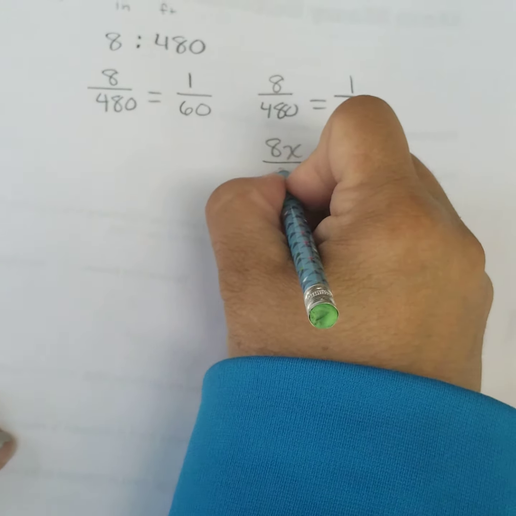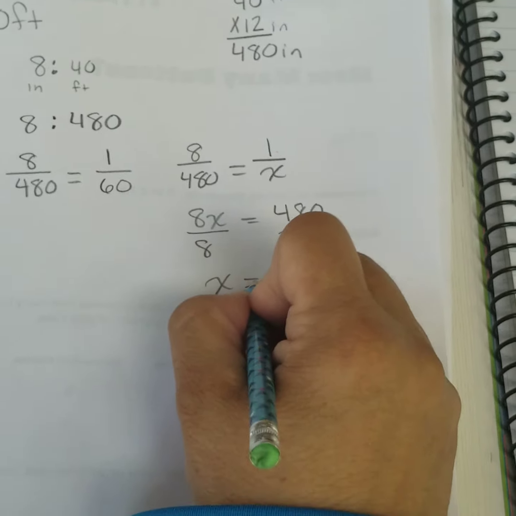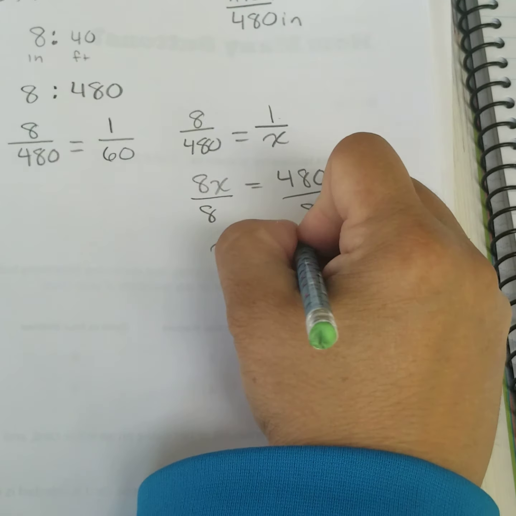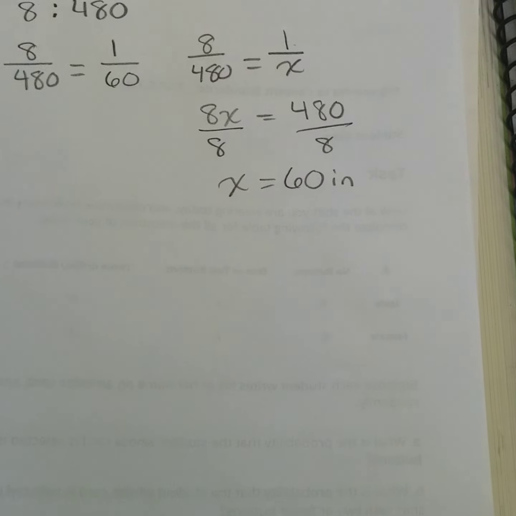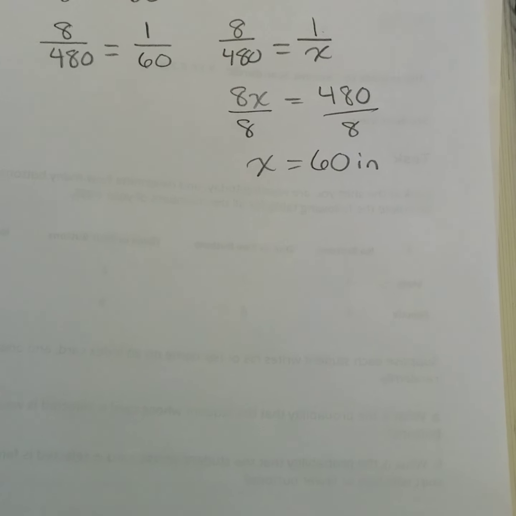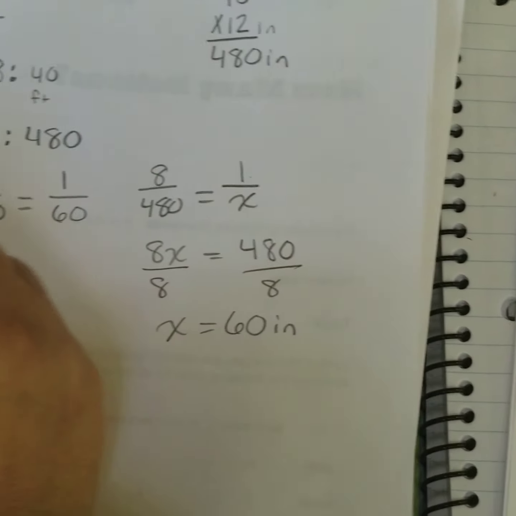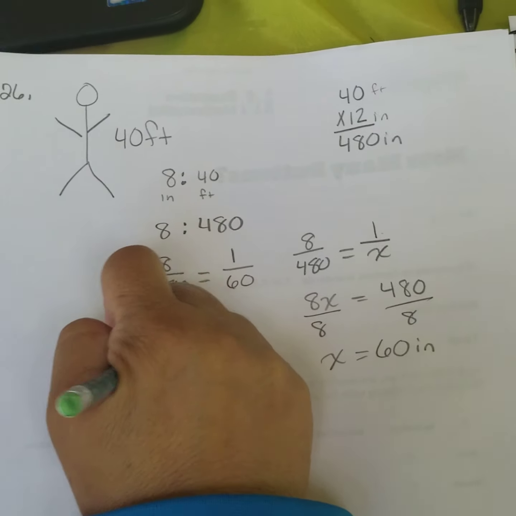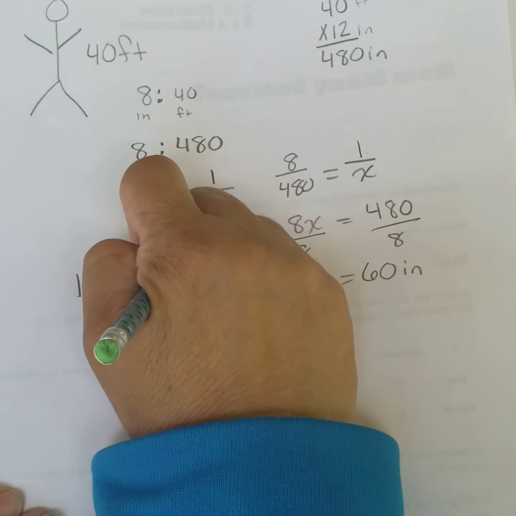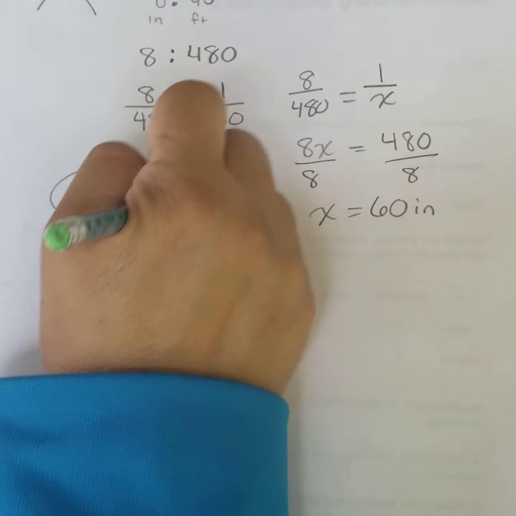We divide this side by 8, divide this side by 8, x is by itself, and we get 60 inches. So our scale factor would be 1 inch equals 5 feet. Okay?